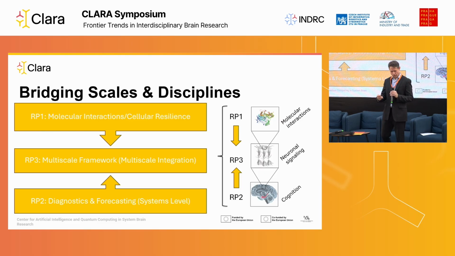Research package 3 is aimed at bridging them, bringing them together to extract as much information as possible and create models that would allow us to get a complete dynamical understanding of that dynamical system that's the brain.